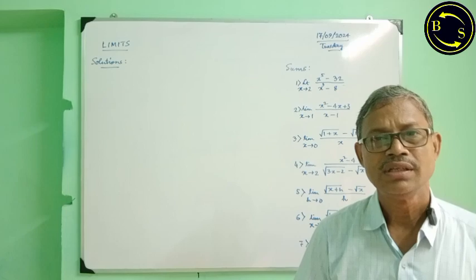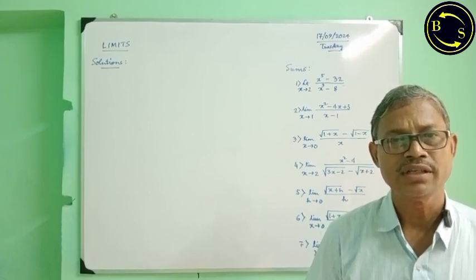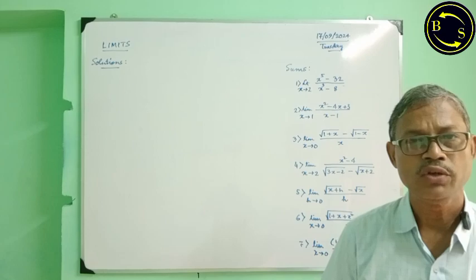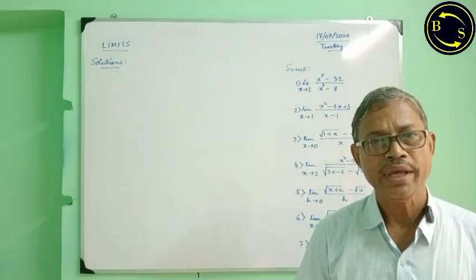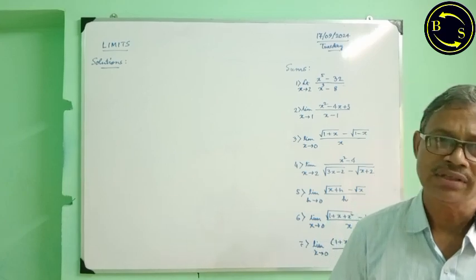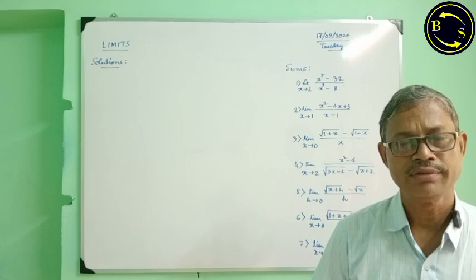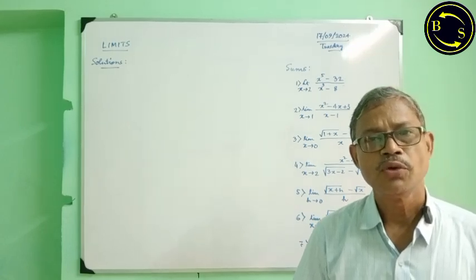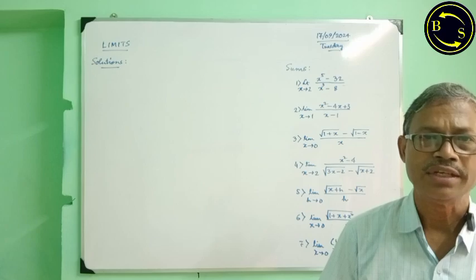So for finding the limiting value, we first cancel those common factors from the numerator and denominator. As x tends to a, x is not equal to a, therefore we can cancel from numerator and denominator and follow the standard limits.